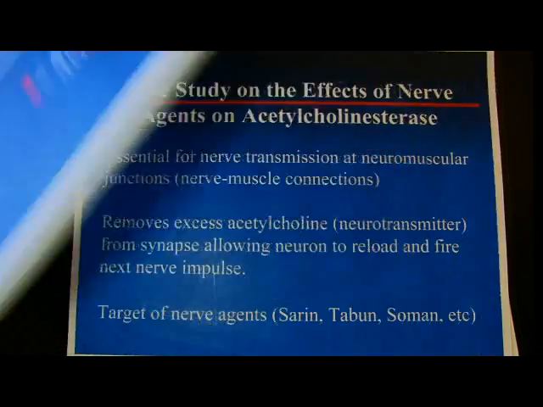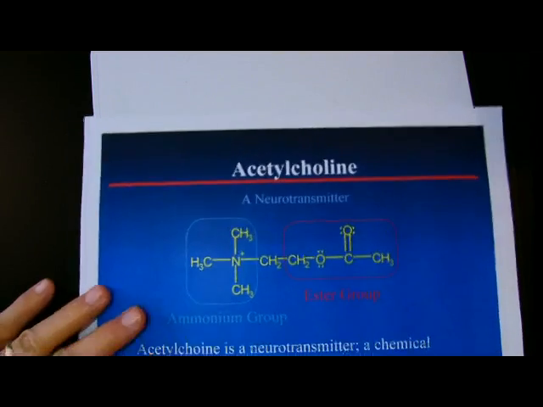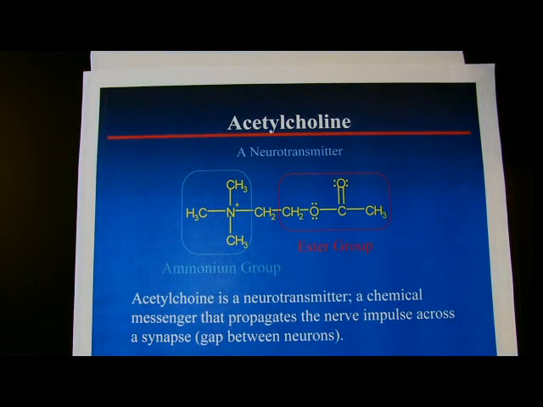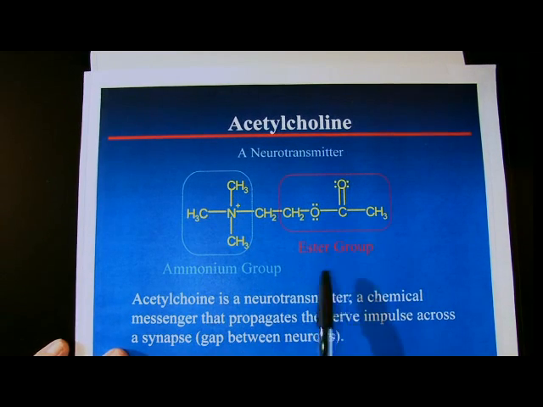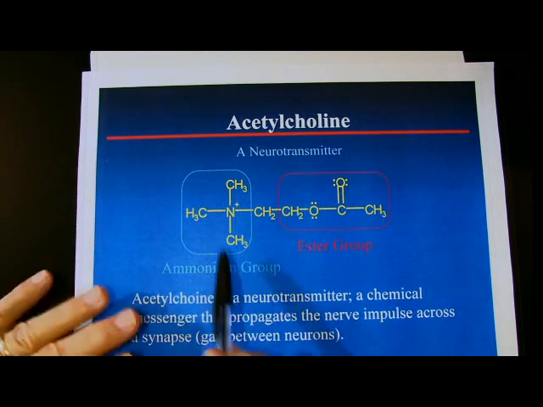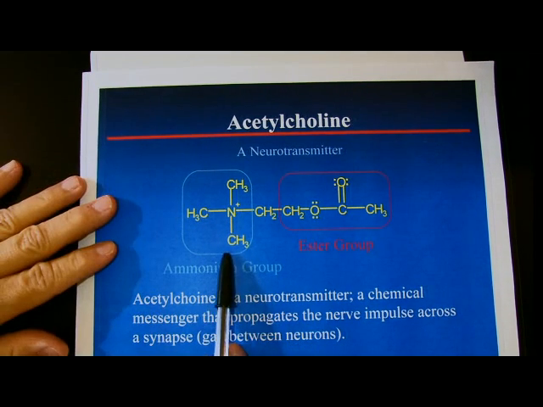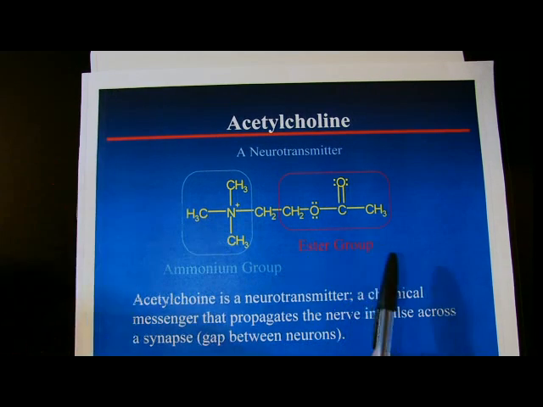All right. So acetylcholine is a reasonably simple molecule. There's acetylcholine. It's just got an ammonium group and then an ester group. We talked about an amine group that's been protonated. Actually, I guess it's been methylated, and an ester group.